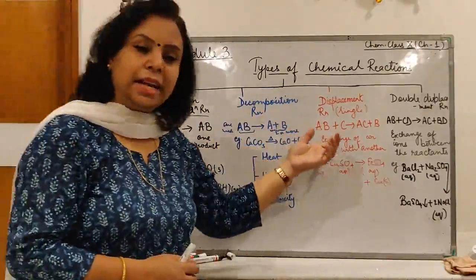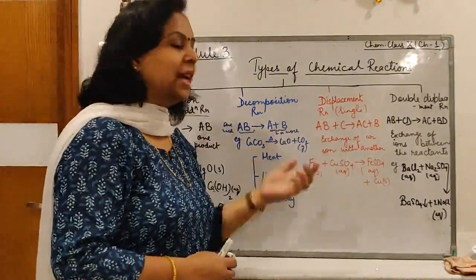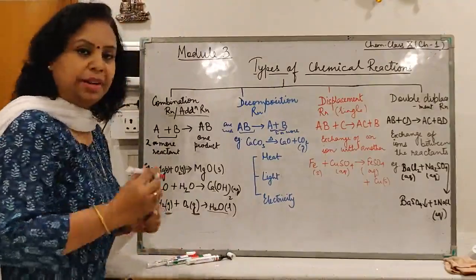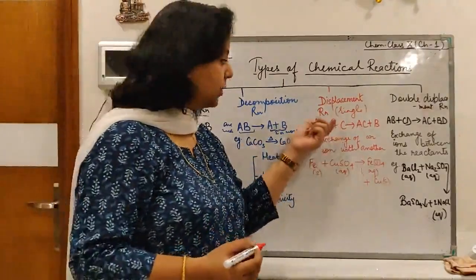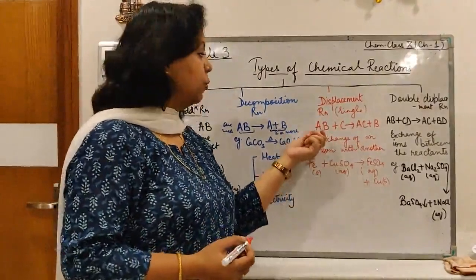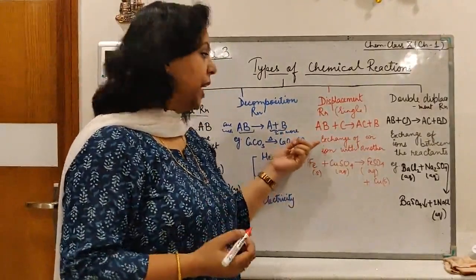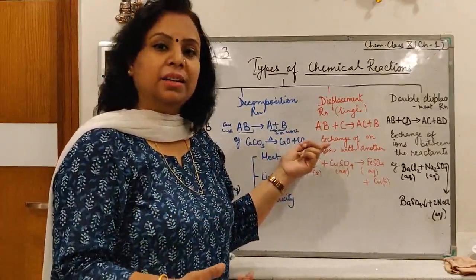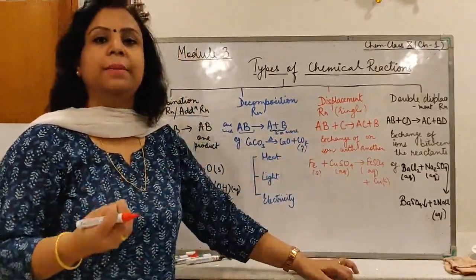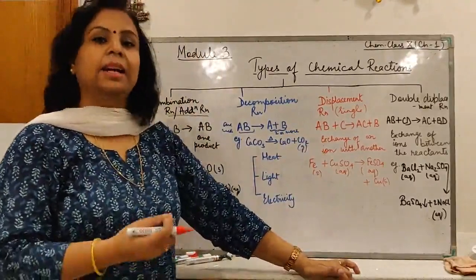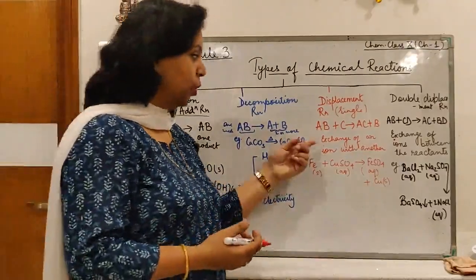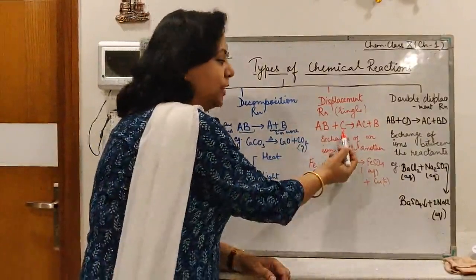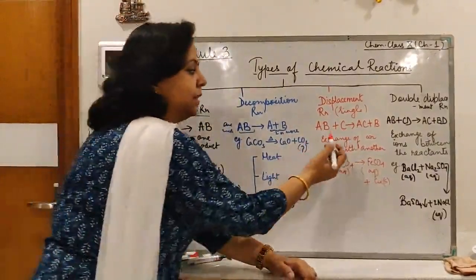Now the third type of reaction, which is known as displacement reaction or single displacement reaction, involves 2 substances in which there is exchange of one particular ion with the other ion. Now this is most of the times the metallic ion or the cation. Now over here if you see AB, when it reacts with C, what happens?